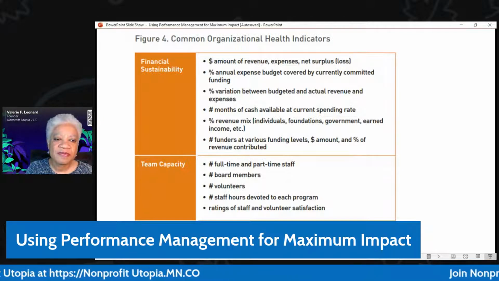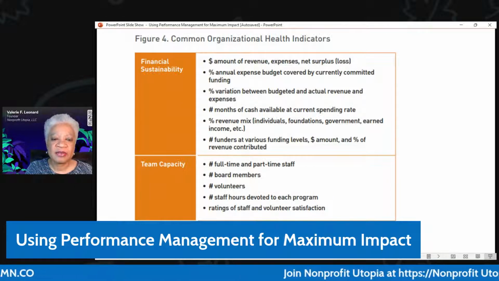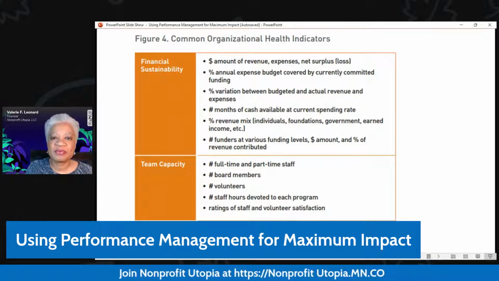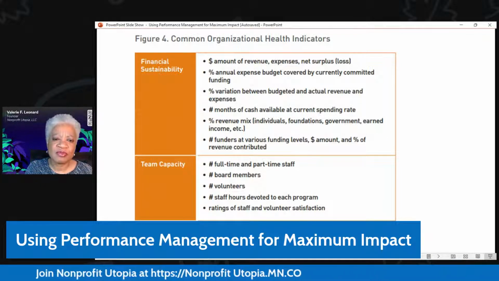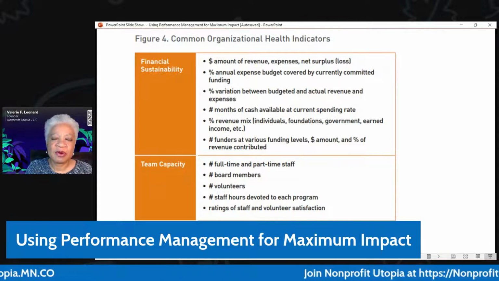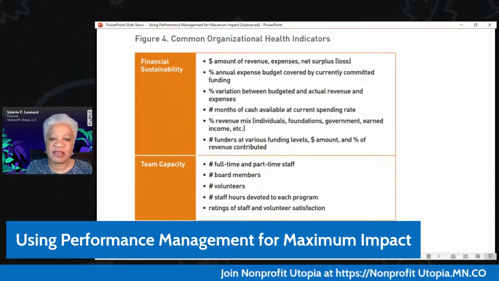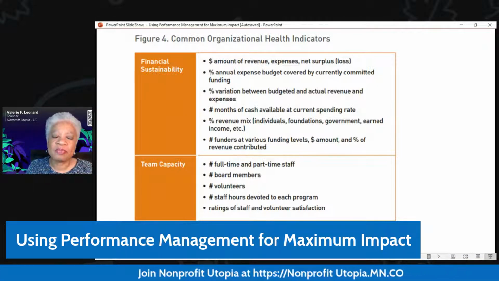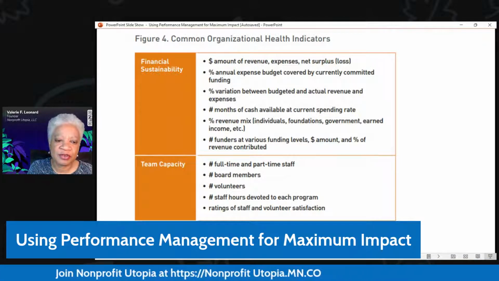So, typical financial sustainability indicators might include things like the percentage of revenue mix, how much of your money comes from individuals, how much comes from corporate, the number of funders at various levels, the amount that they're giving, right? And what percentage of revenue do they contribute?